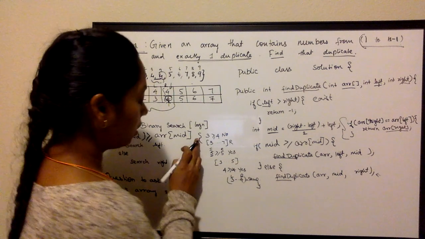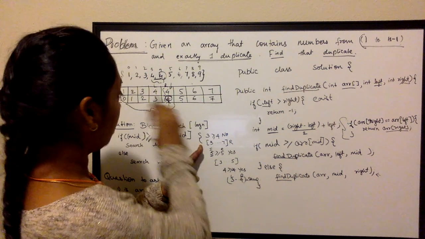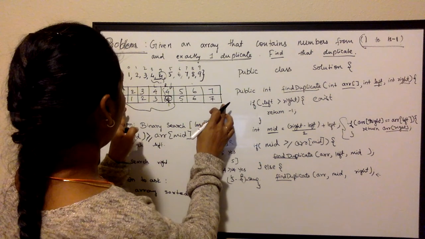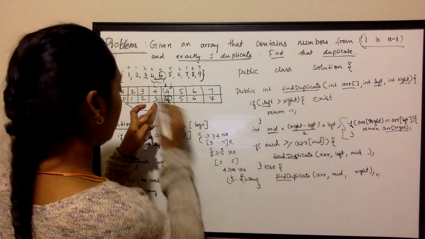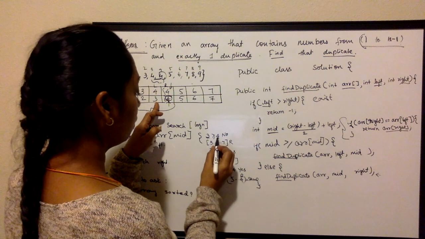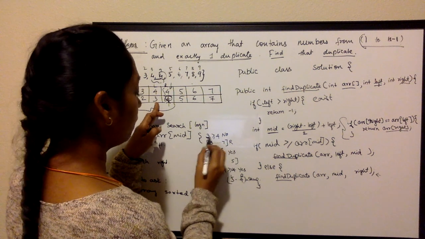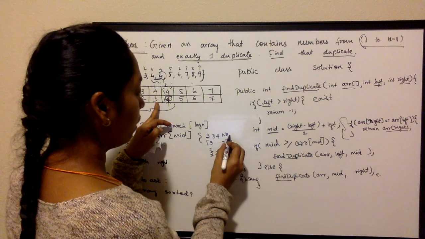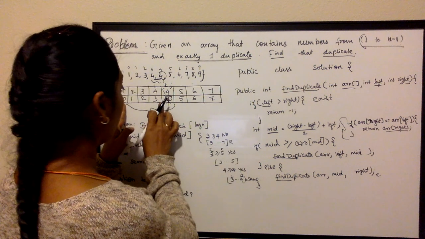So let's go through an example. For the first array, the mid is going to be index 3, and the value is 4. We check if this index is greater than or equal to 4. No. So we know that up to this point there is no issue.